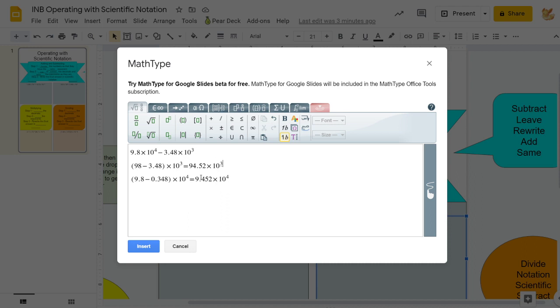Okay, and then we would change this into scientific notation, so we have to move it 1 to the left, which would make that 3 is now a 4. So these would look exactly the same. So let me put that down, that this would basically equal this.